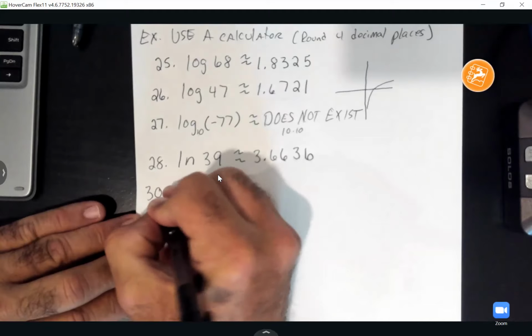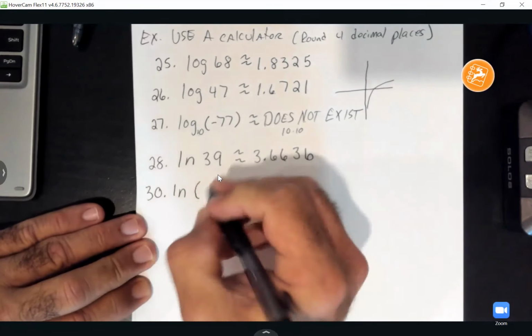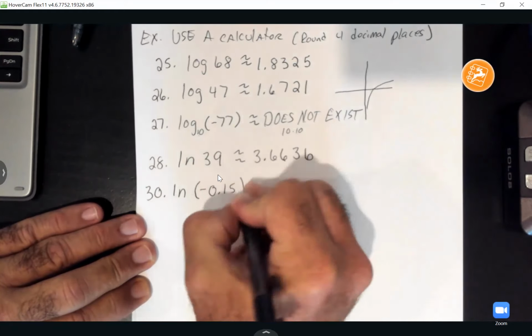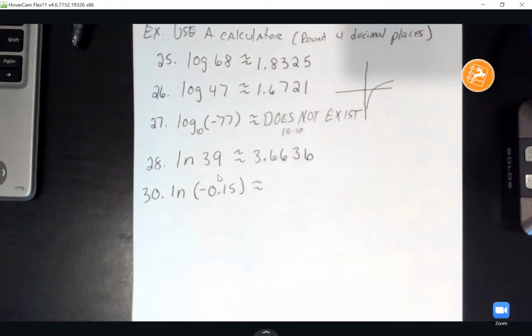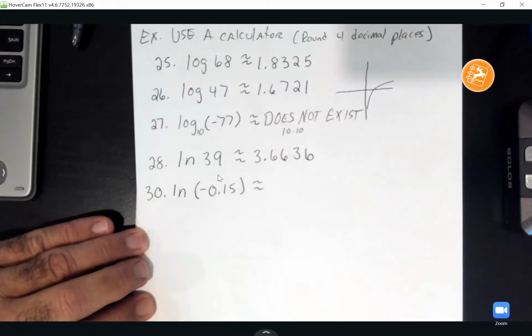All right, so 29 is the same thing. So let me go to 30. 30 has an LN of a negative 0.15. What am I getting on that? An error.